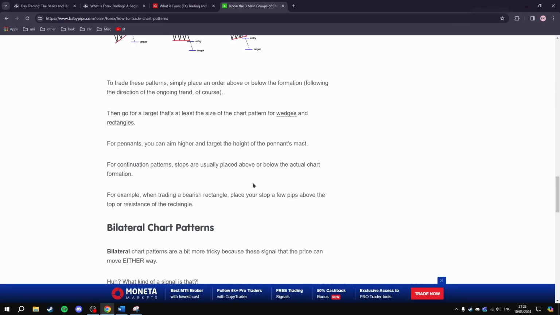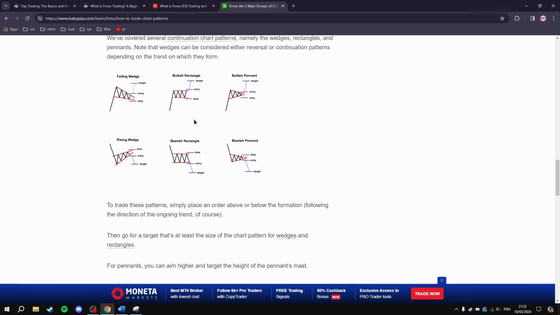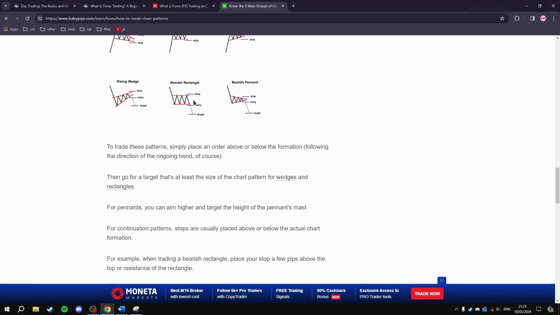For example, when trading the bearish rectangle, place your stop a few pips above the top or resistance of the triangle. Bearish, place a stop above the top or resistance of the triangle.